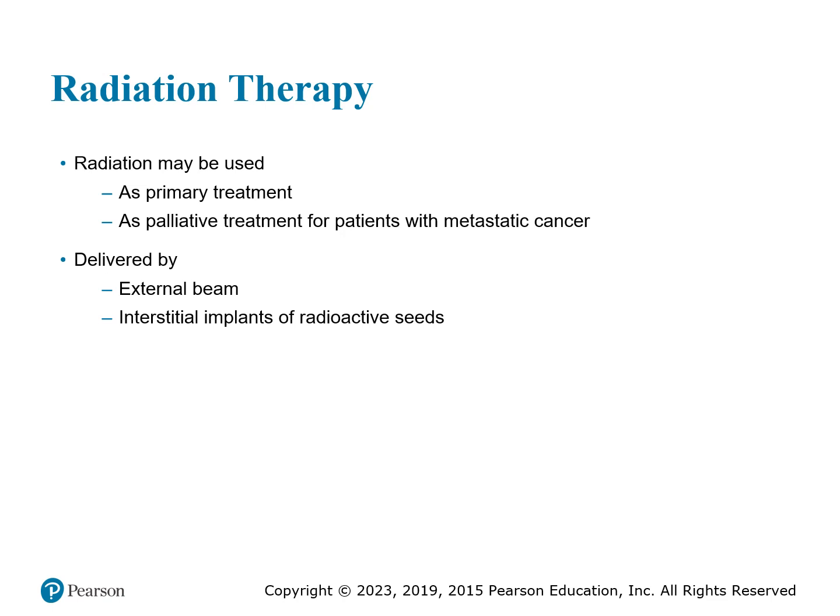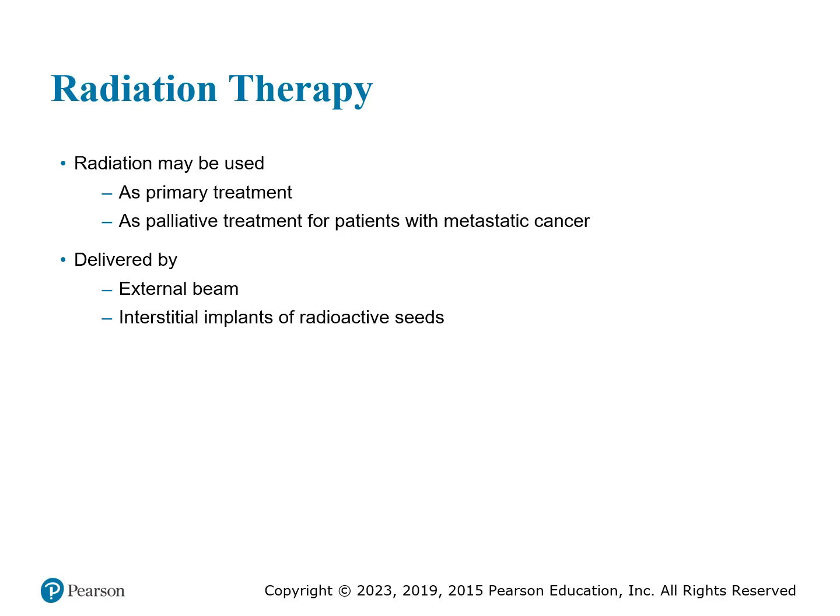Radiation therapy may be used as a primary treatment for prostate cancer because it reduces the risk of long-term problems such as impotence and urinary incontinence associated with the surgery. Radiation is delivered by external beam or interstitial implants of radioactive seeds of iodine, palladium, gold, or iridium.